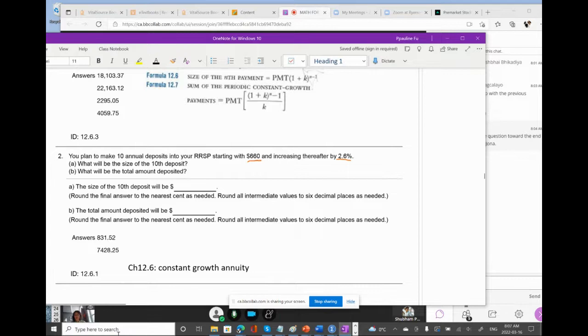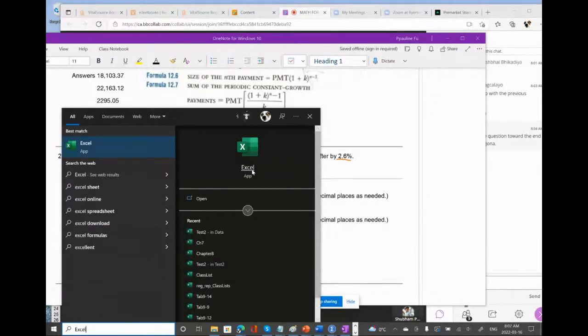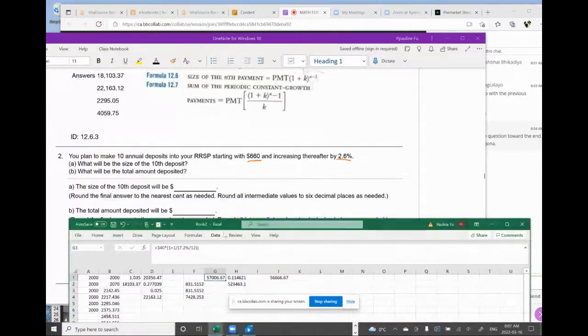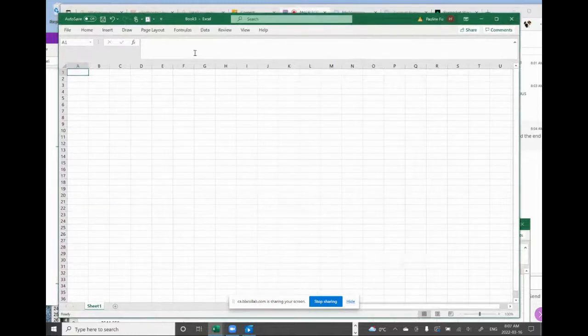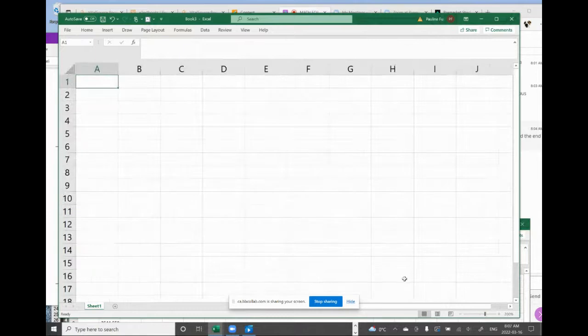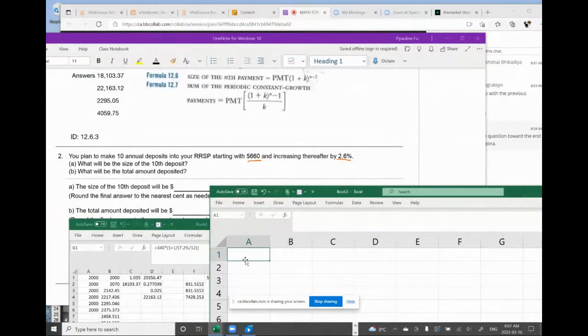So I'm going to use Excel to do the analysis. All right, so the first year you make a contribution of 660. The second year it is increased by 2.6%.